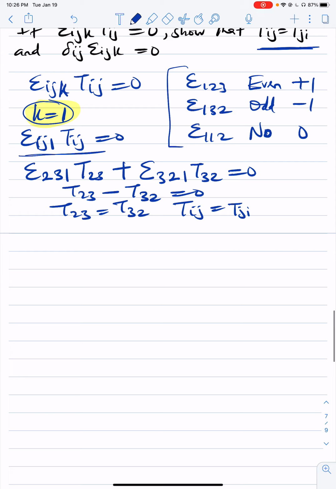Similarly, you can do the same thing for k equals 2 and for k equals 3. For time's sake, I will simply write that out very quickly and you can verify on your own much later.